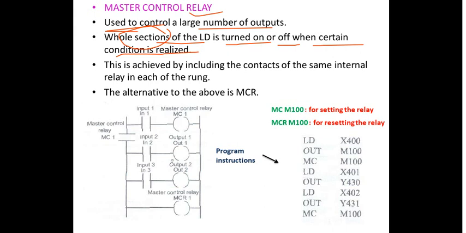Now, if you look at this example, it is probably going to convince you. I have got an input here, input IN1, then the contacts of MCR, that is the master control relay. This is MC1, master control relay 1.